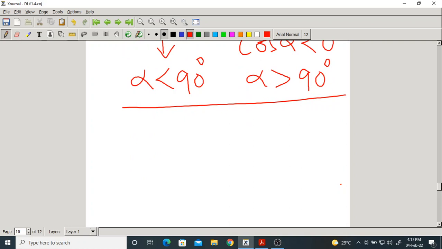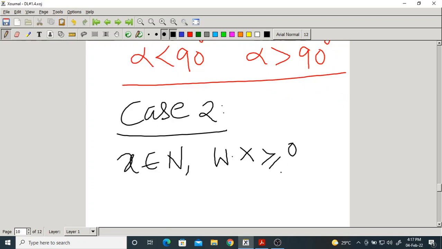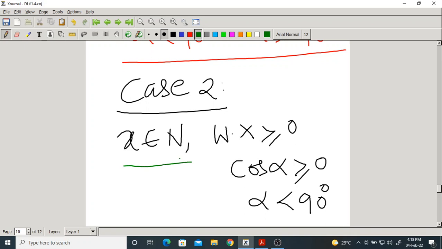Okay. In case 2, what is happening here? X belongs to N, negative class, and the dot product is greater than or equal to 0. So when the dot product is greater than or equal to 0, cos alpha is greater than 0, which means alpha is less than 90. But for negative inputs, we have seen that alpha should be more than 90. Now this is a contradiction we are getting.